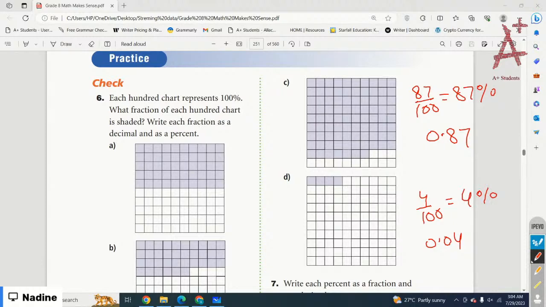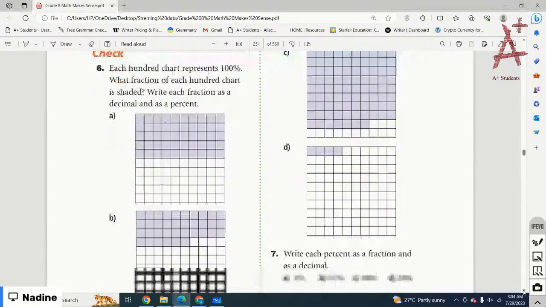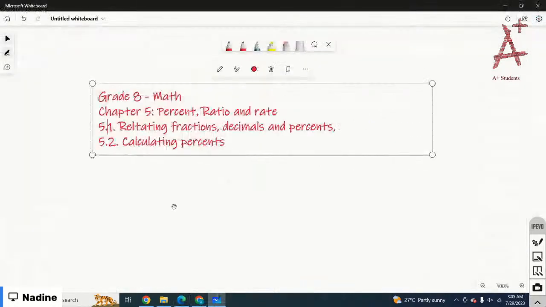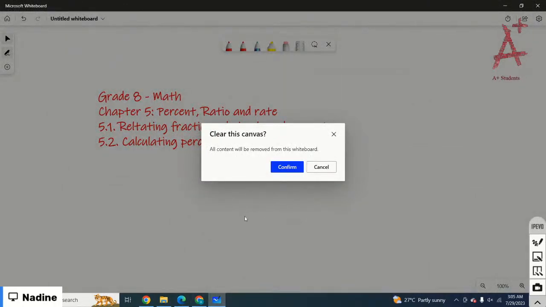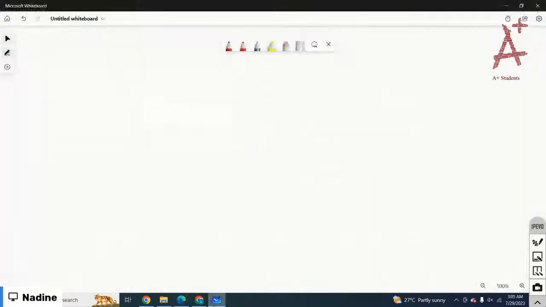Okay, let's just start with the next question. Write each percent as a fraction and a decimal number: 3%, 51%, 98%, and 29%.